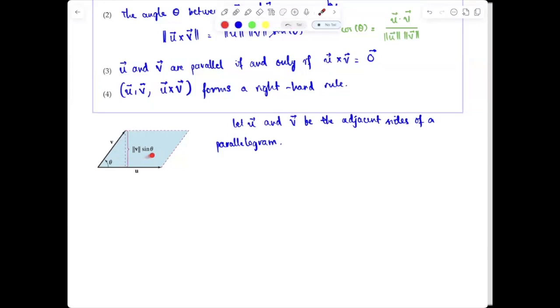You have a parallelogram here, and the two sides can be formed using vector u and vector v. So the area of the parallelogram is equal to the base times height.